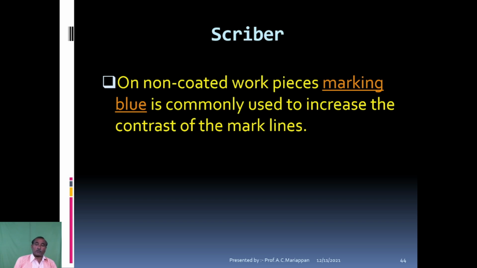So for that purpose, you can make a contrast surface by means of a marking blue or chalk coating over the surface. After drying, we can use the scriber to mark the required dimensional shapes and sizes prior to the machining operations.